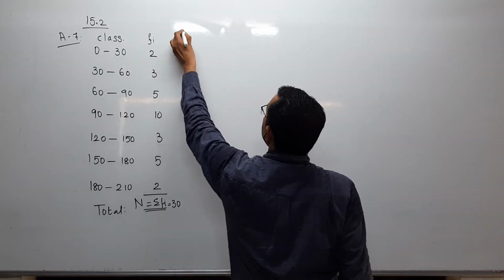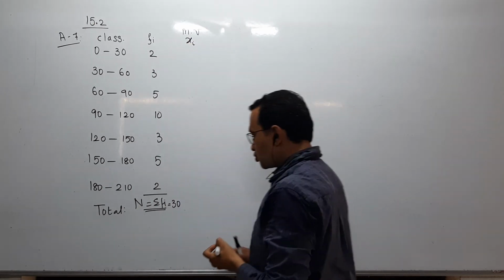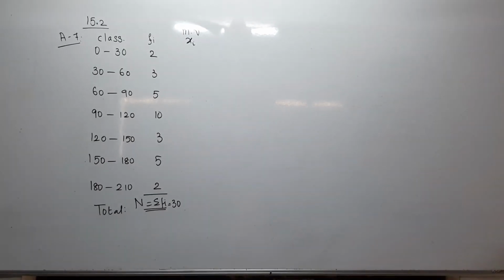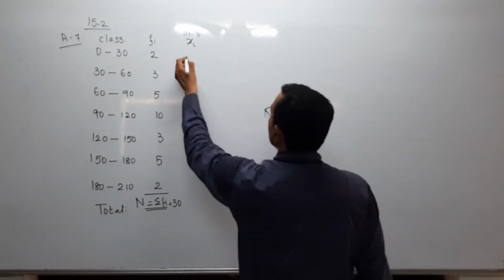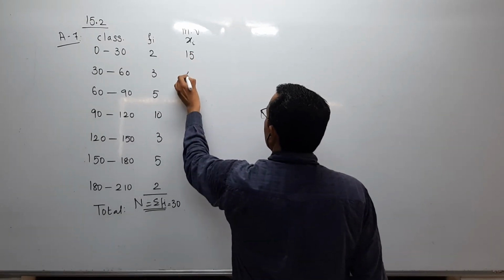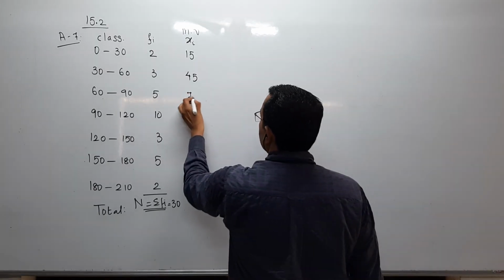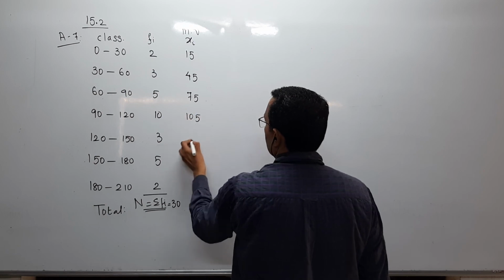Let us find mid values xi. Now students, all of you know how to find mid values xi. 0 plus 30 by 2, so it is 15. Then 90 by 2, so 45. Then 75. Then 105.